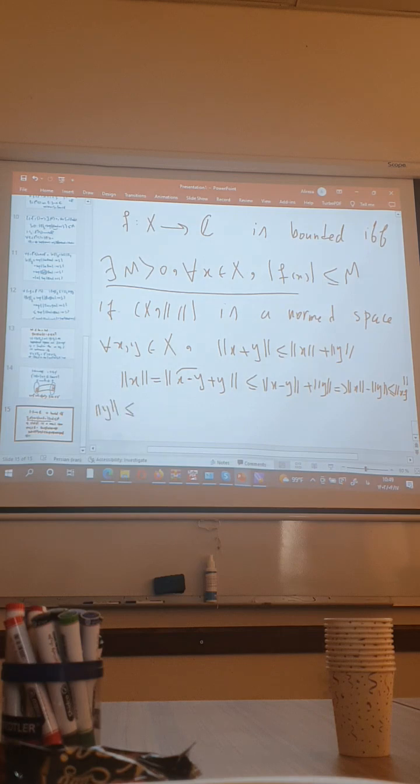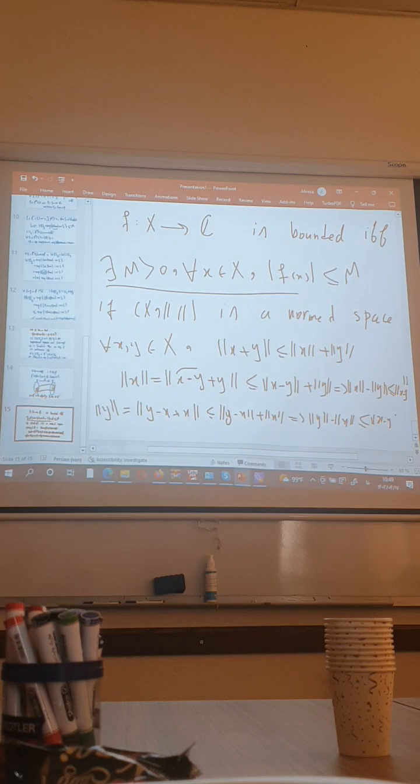The norm of y is equal to the norm of y minus x plus x, which is less than or equal to the norm of y minus x plus the norm of x. So the norm of y minus the norm of x is less than or equal to this, which is equal to the norm of x minus y.